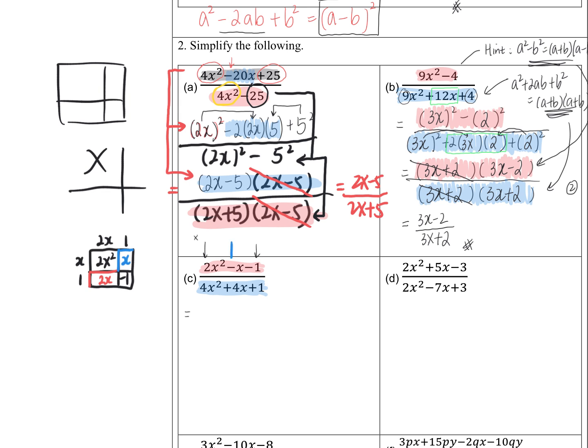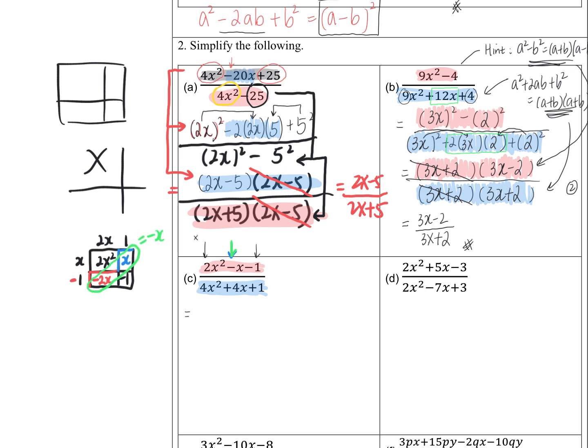But my objective is to get minus x. So between 2x and x, who needs to be negative? 2x, so this must be the negative 1, so that when I multiply, I get negative. And then when I check these two, I get minus x.